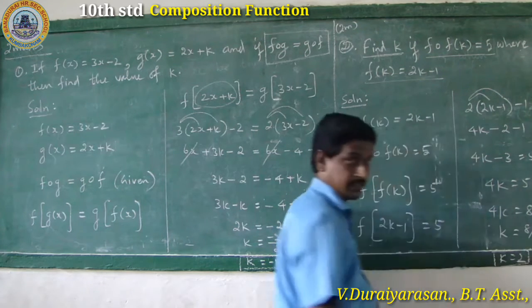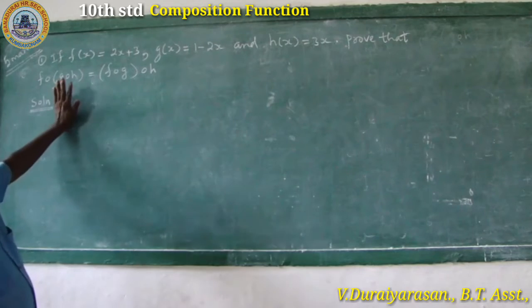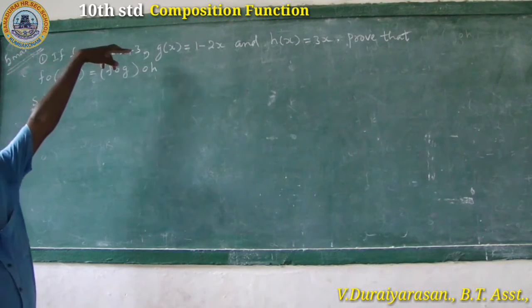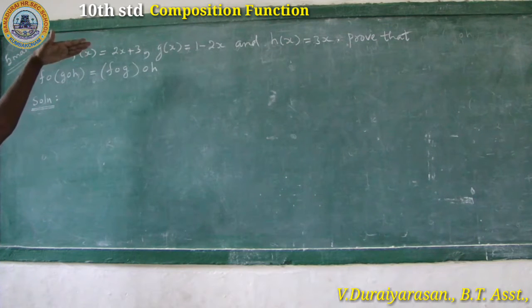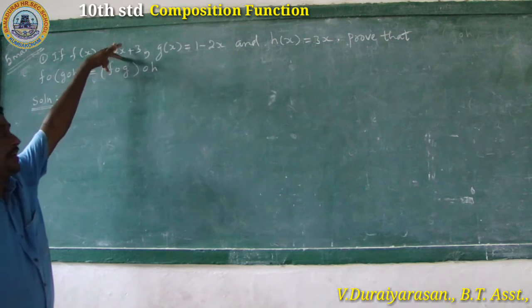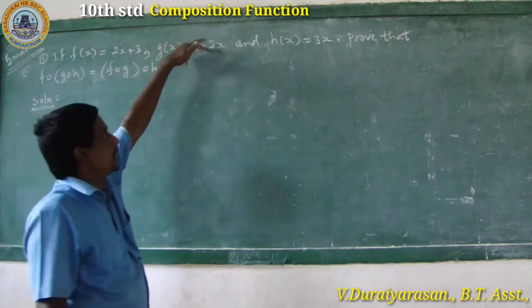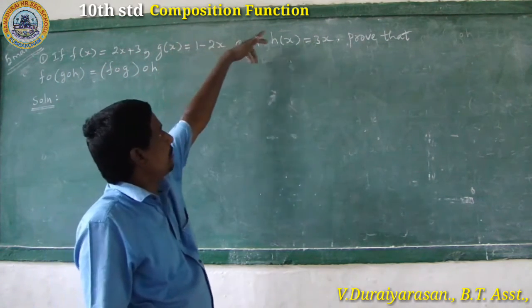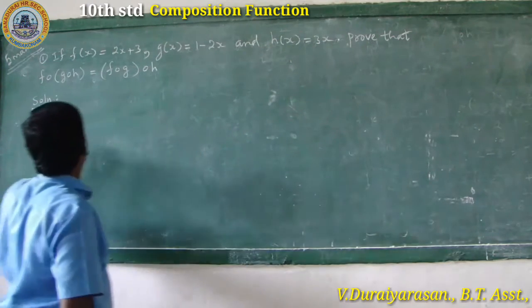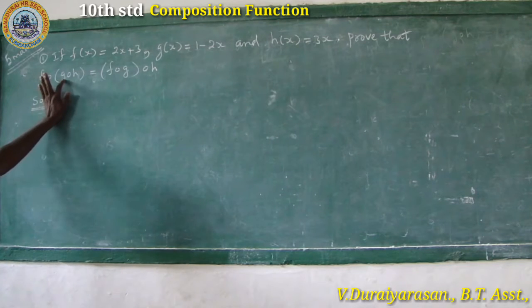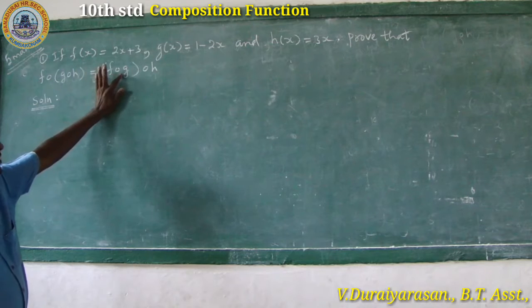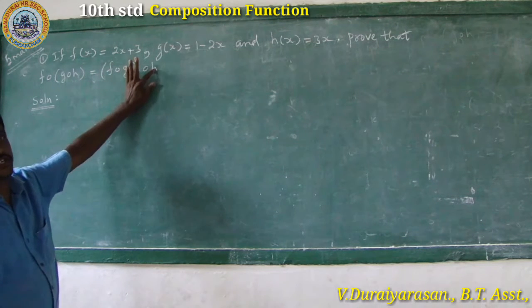That's all. Next, 5 more questions. What is given? The two functions f of x and g of x are given. f of x is equal to 2x plus 3, g of x is equal to 1 minus 2x, and another function h of x is equal to 3x. Prove that f composite g composite h is equal to f composite g composite h.